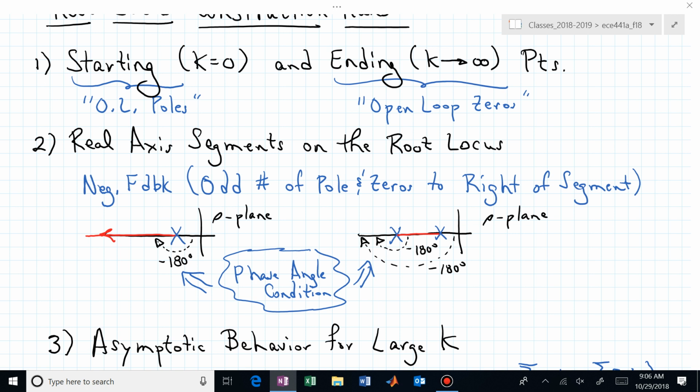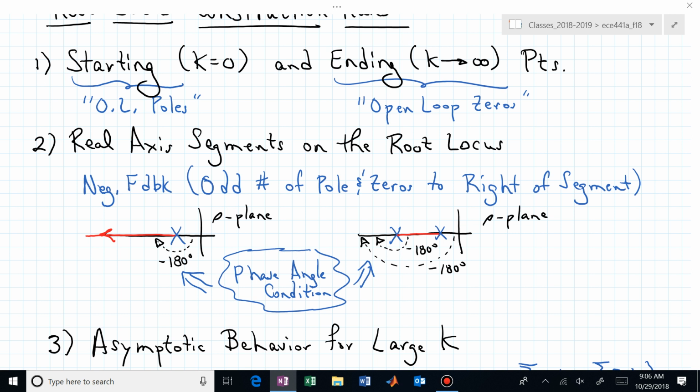What angle do you turn through to see that segment of the real line? You turn through an angle of 180 degrees. And every point on the root locus needs to have an angle of 180 degrees. And every point to the left of that single pole, if you look from the pole to that point, you will have traveled through 180 degrees.